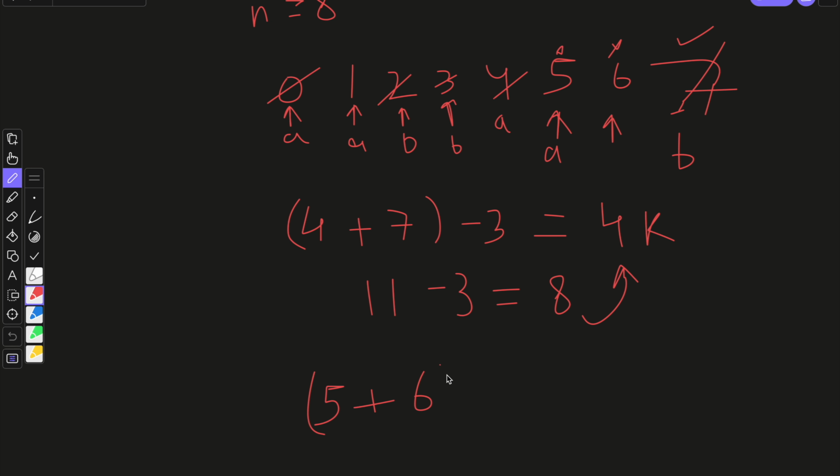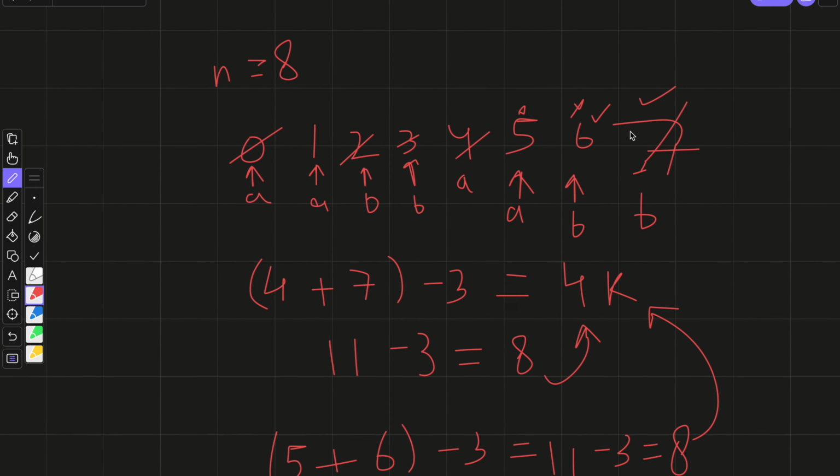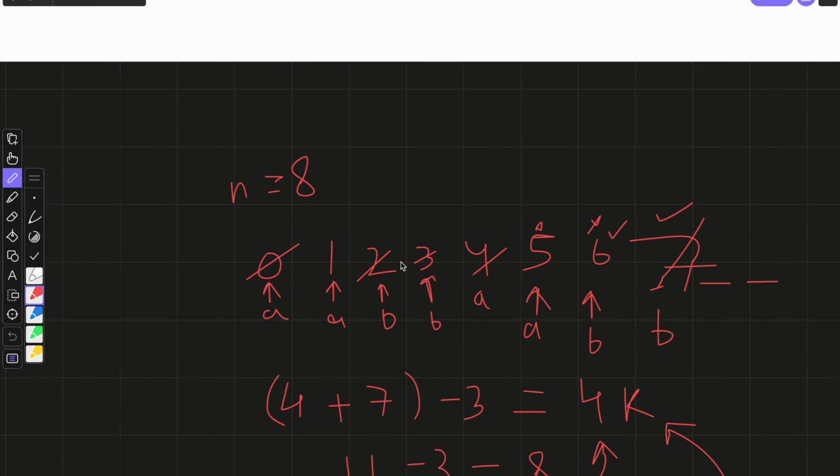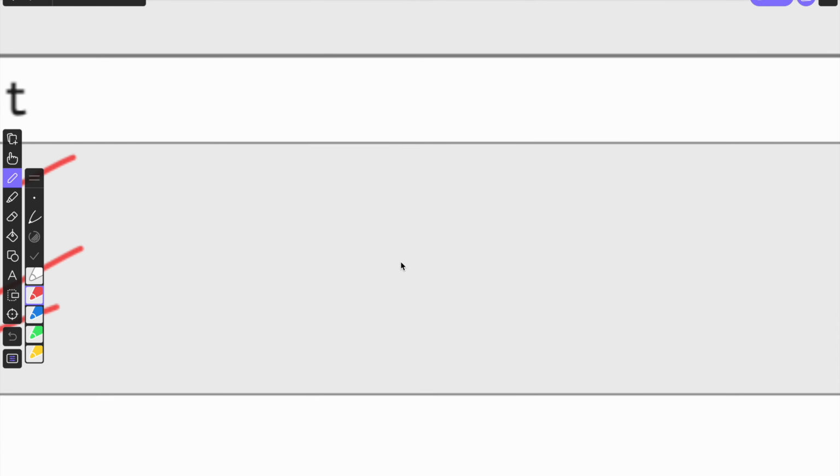5 plus 6 minus 3 is 11 minus 3 again, which gives us 8. Right, and 8 is also a multiple of 4, hence Bob is going to pick 6. Right, now there are no more integers left for Alicia to pick, so Alice loses.